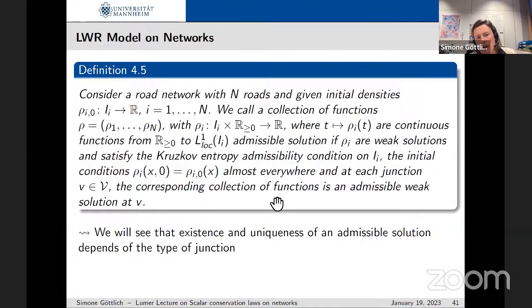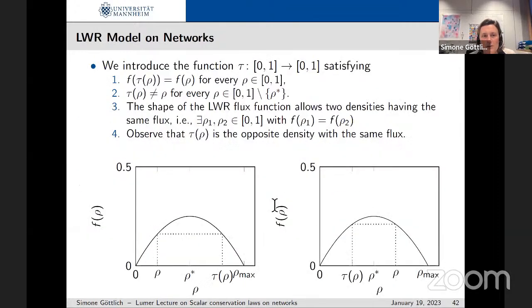We really focus now on this junction problem, since we know that if we did not have any junction, for the traffic flow model we have some Kruzhkov entropy admissible solution. So what's so crucial about this junction? First, to evaluate the junction problem, we need a function tau given in that way, meaning that f of tau of rho is f of rho, and that tau of rho is not equal to rho for every rho in this interval, which is again the normalization.